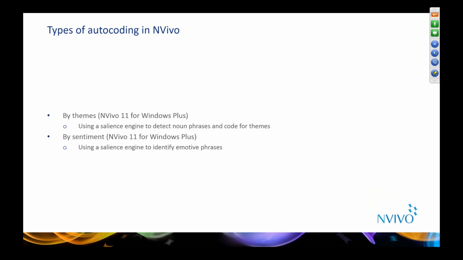And the Plus edition also will automatically code for sentiment, about how positive or negative statements are. And again, it has a salience engine to identify emotive phrases. So these are the two aspects of autocoding that I'm going to be focusing on today.